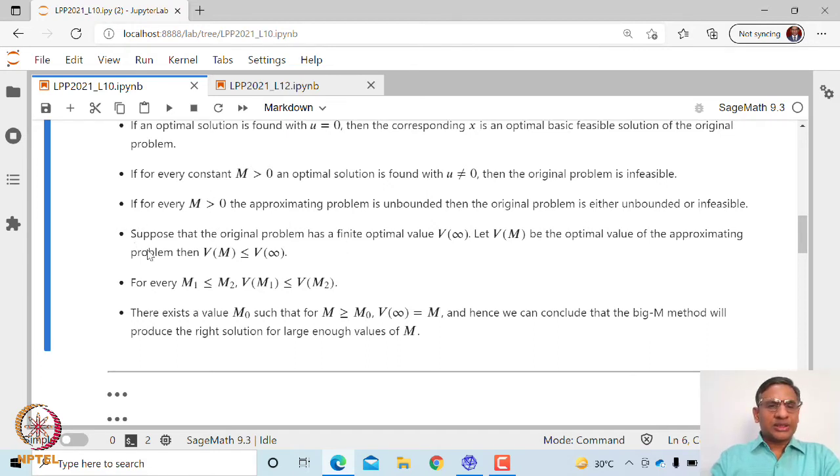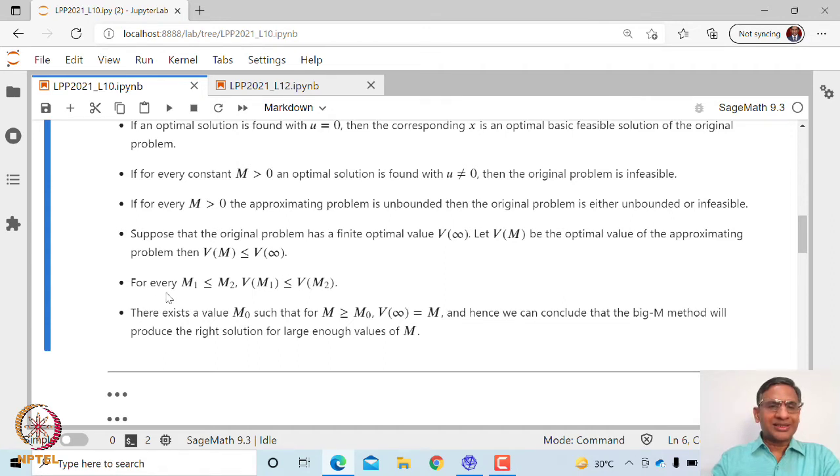Next, suppose that the original problem has a finite optimum value, which we denote by V infinity, and let Vm be the optimal value of the approximating problem. Then Vm is less than or equal to V infinity.